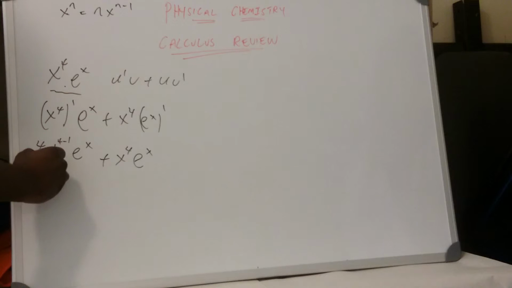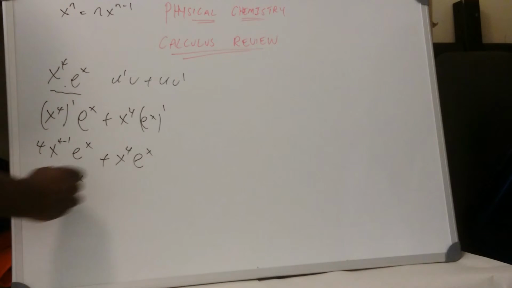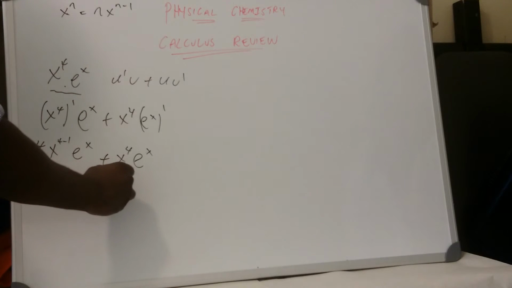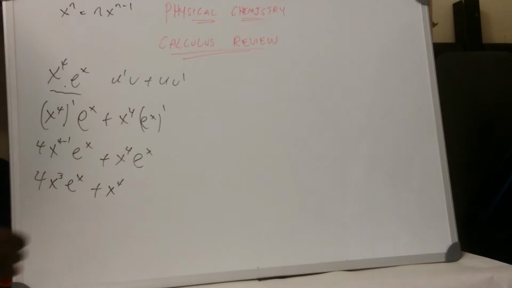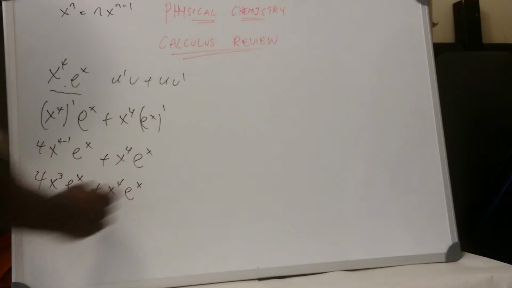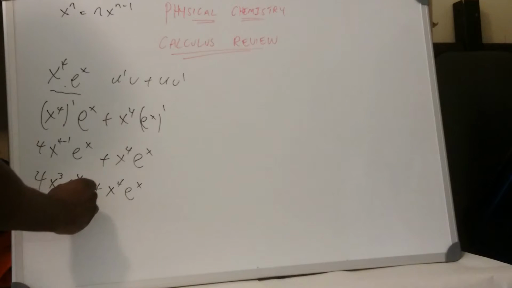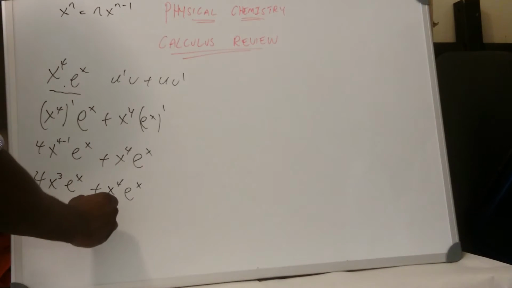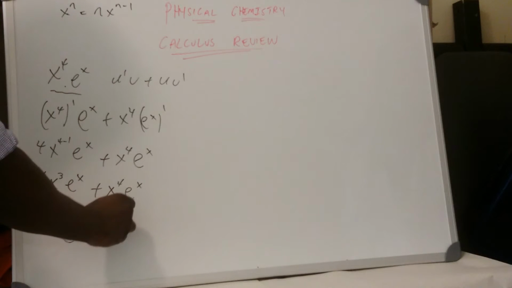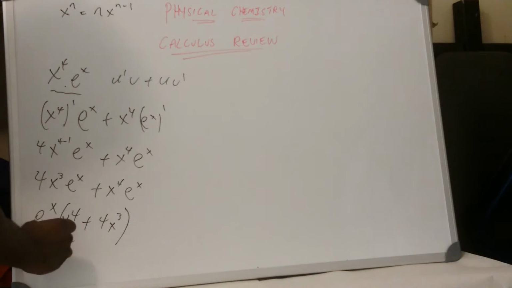So we now have 4x cubed e to the x plus x to the fourth e to the x. This can be simplified if we factor out e to the x into x to the fourth plus 4x cubed. And this is our answer.